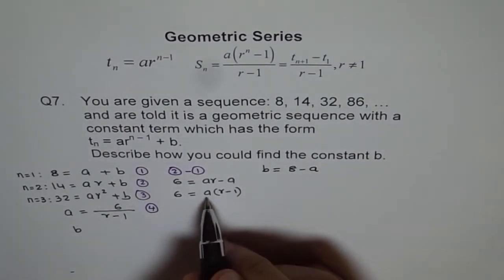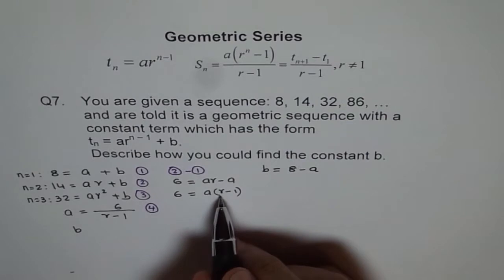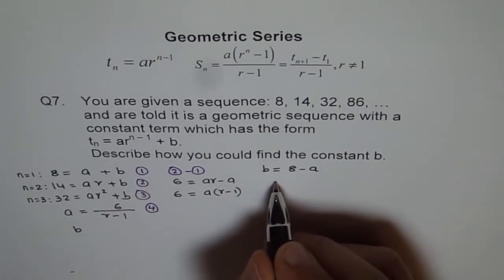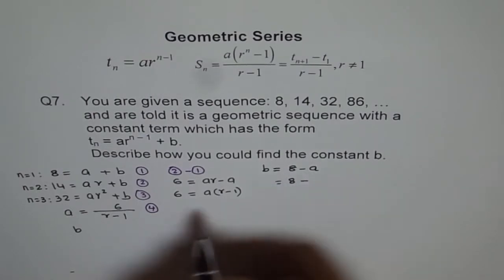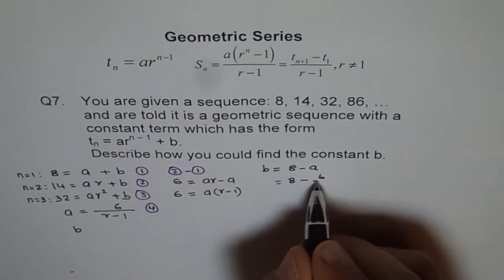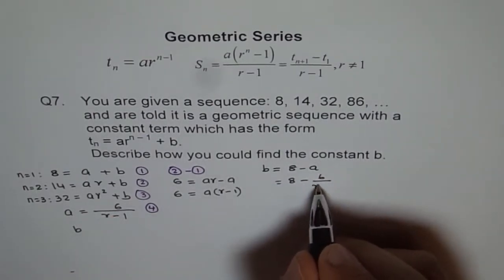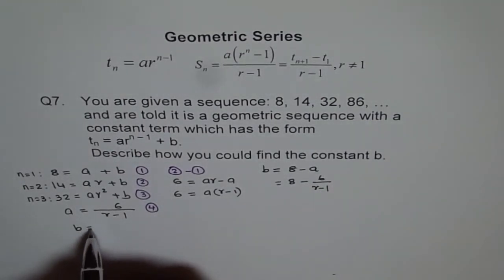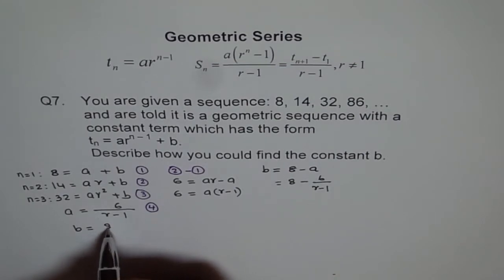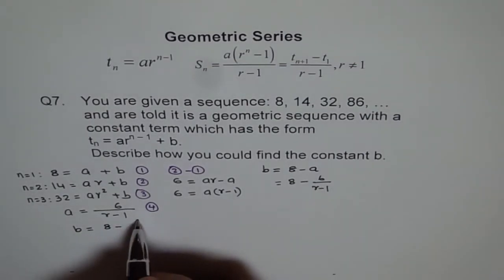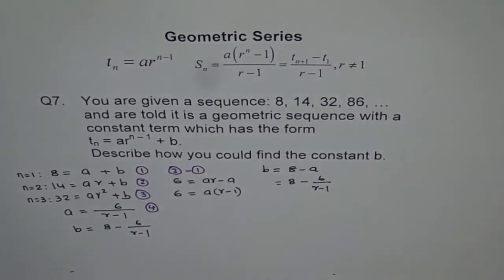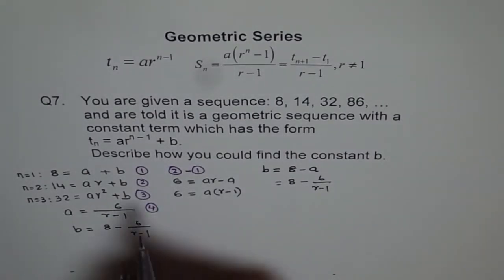Now a is, oh sorry, 6 over r minus 1. So we get 8 minus 6 over r minus 1. So that is the value of b. So let me write b here in terms of r, which is 8 minus 6 over r minus 1. And I'll write this as equation number 5.